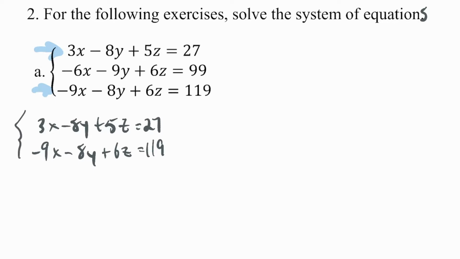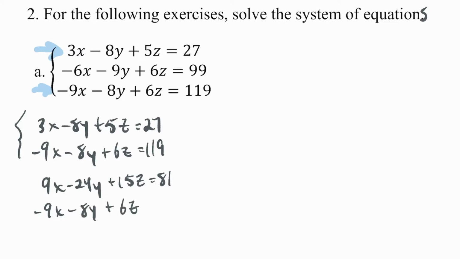I'm going to triple the top equation so that the coefficients for x will match. One's 9, one's negative 9. Tripling gives 9x minus 24y plus 15z equals 81. Negative 9x minus 8y plus 6z equals 119.